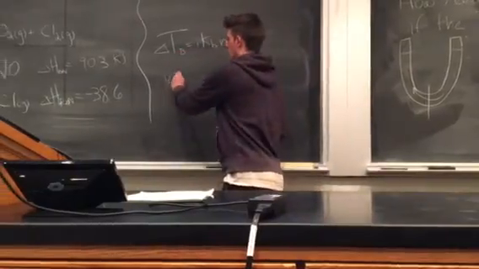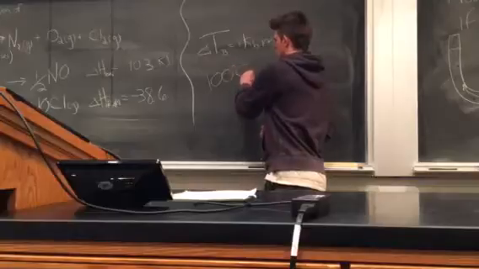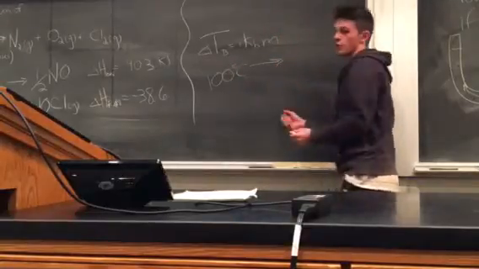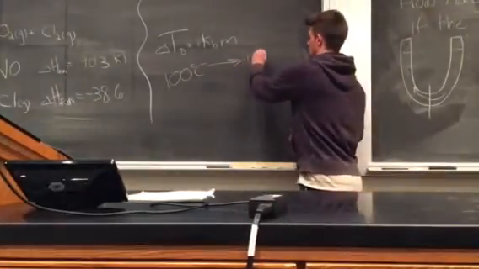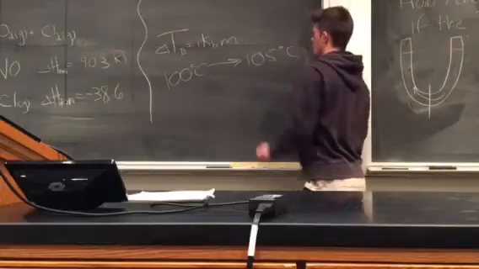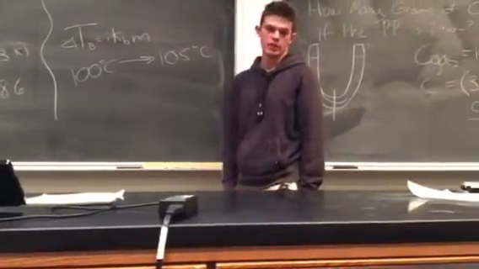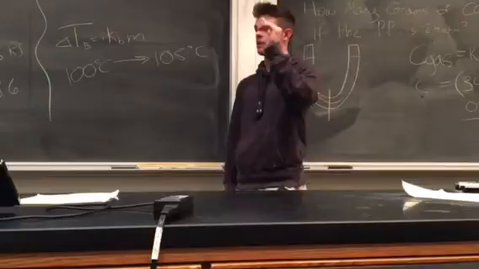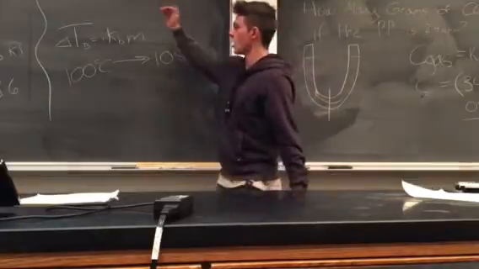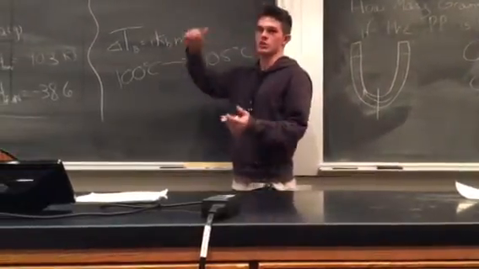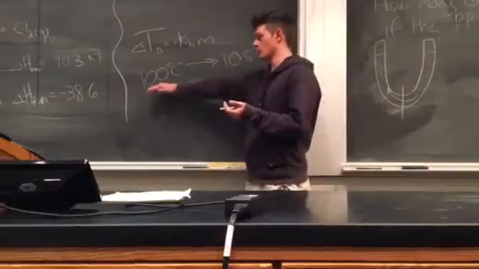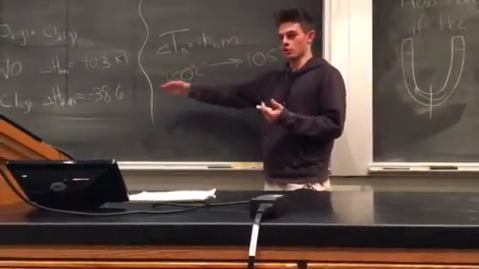If the initial boiling point of water is 100 degrees Celsius, the final would be 105 degrees Celsius. So if you want to go to Everest and boil water on top of it, you can add salt so that it'll boil at a higher temperature, because on top of Everest, it'll actually boil lower than this. So you can't cook your noodles as well.